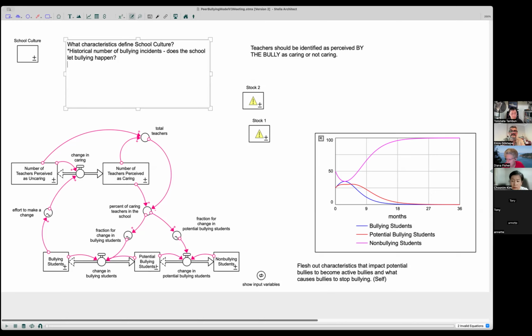Academic focused school culture, high pressure. Okay, so let's see if that could then be the reason.